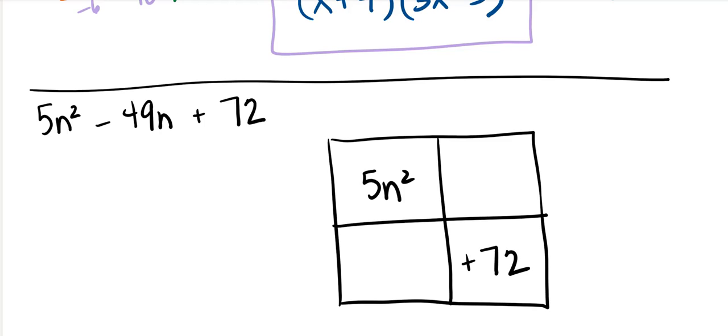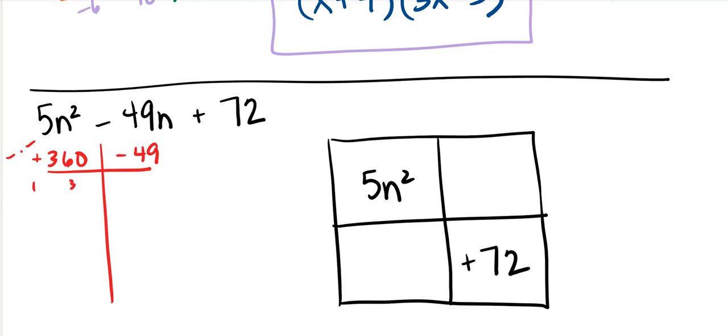There's nothing I can take out of everything here. Next, my chart. 5 times 72, that'd be 360, positive, and this is a negative 49. That means I'm going to have two negative numbers, to multiply to be positive and add to be negative.